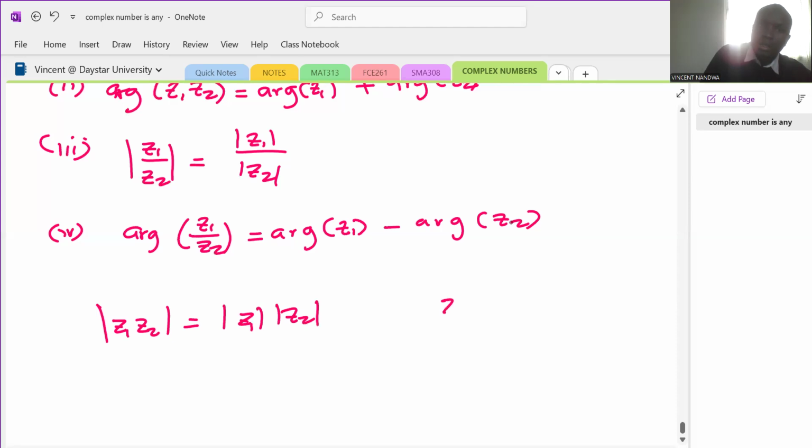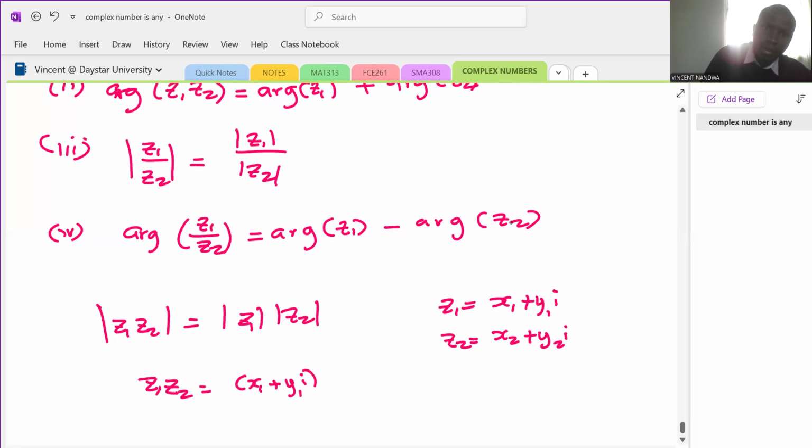You can recall that if you write Z1 in rectangular form, we have x1 plus y1 i, and Z2 is given by x2 plus y2 i. So Z1 times Z2 will be (x1 plus y1 i) times (x2 plus y2 i).